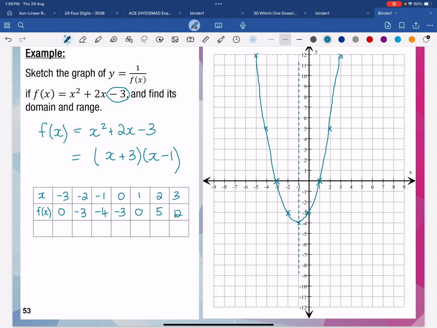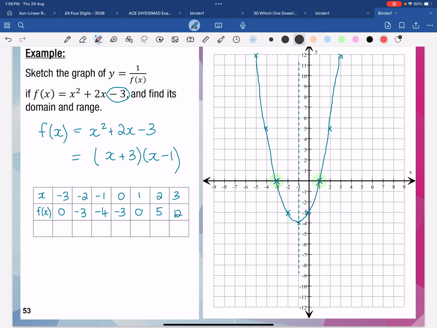So I can see what my f of x looks like. And once again, I'm not asked to sketch this, and you wouldn't sketch something like this in an exam situation unless it was to help you. I'm just doing it for educational purposes. All right, there's some important points on this parabola. That's an important point, and that's an important point because f of x equals 0 at those points. So we're going to have some vertical asymptotes there.